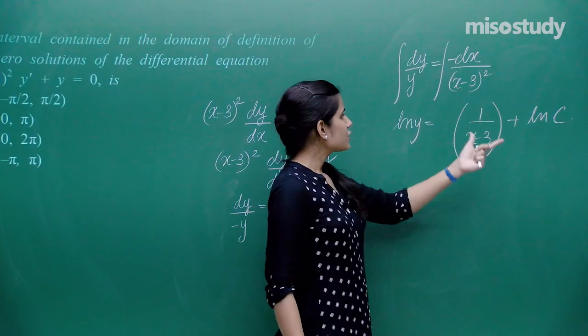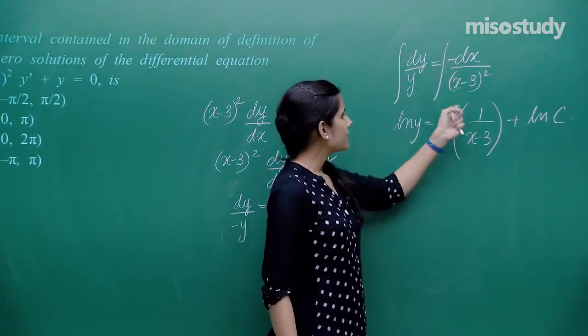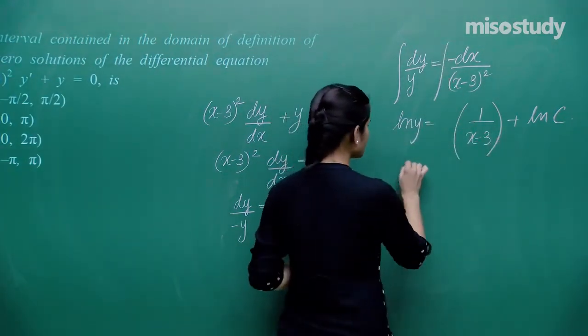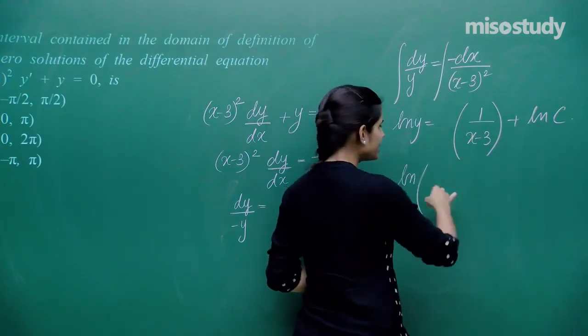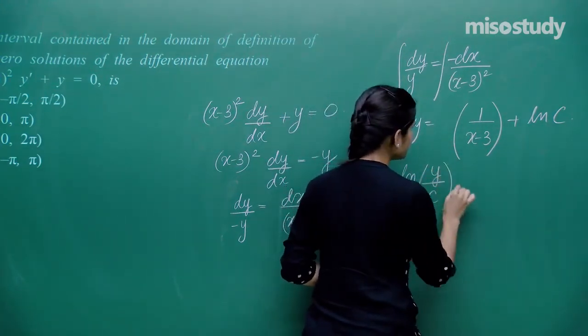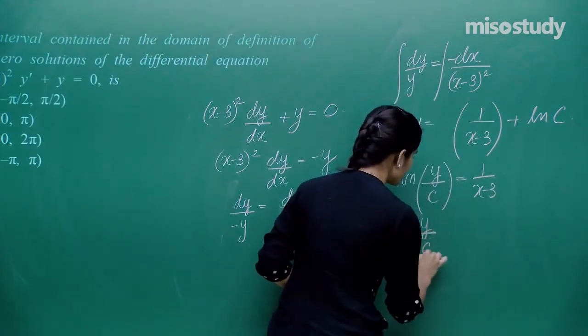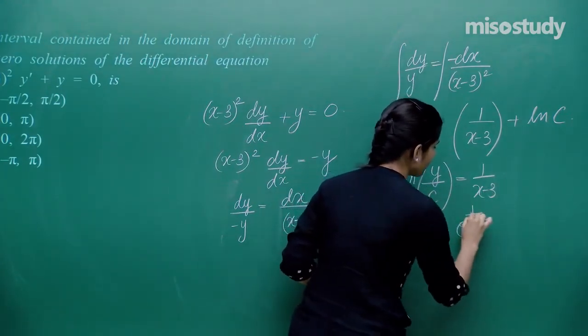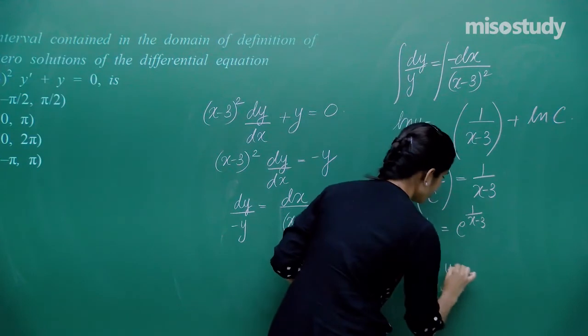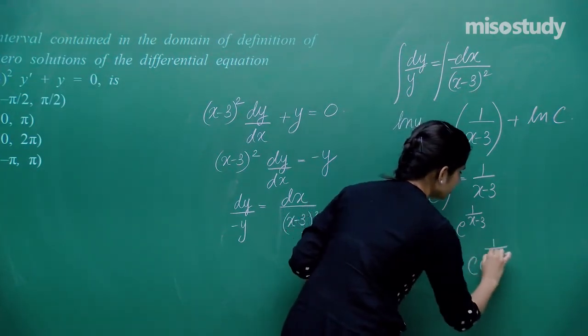Now if this is minus of 1 upon x minus 3, minus minus has become plus, this is what I am left with. So I have ln y minus ln c, which is ln of y by c, equals 1 upon x minus 3. So y by c is e to the power 1 upon x minus 3. Y is coming out to be this.